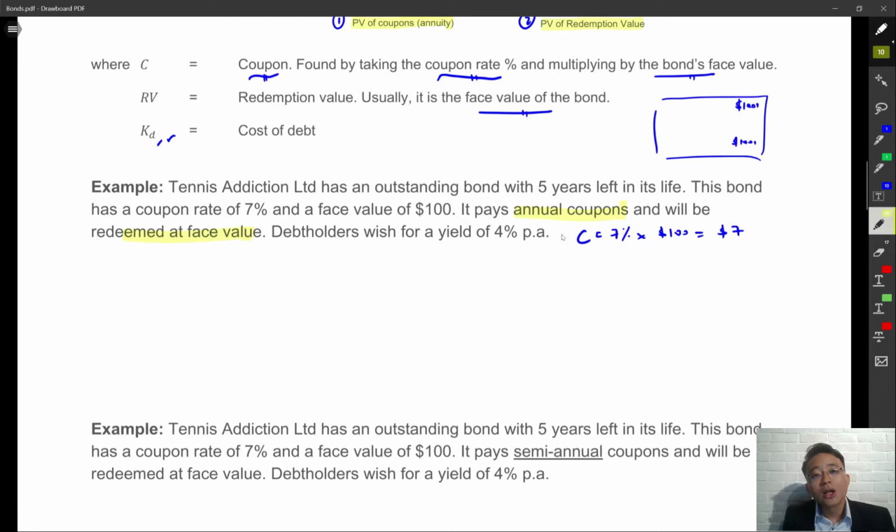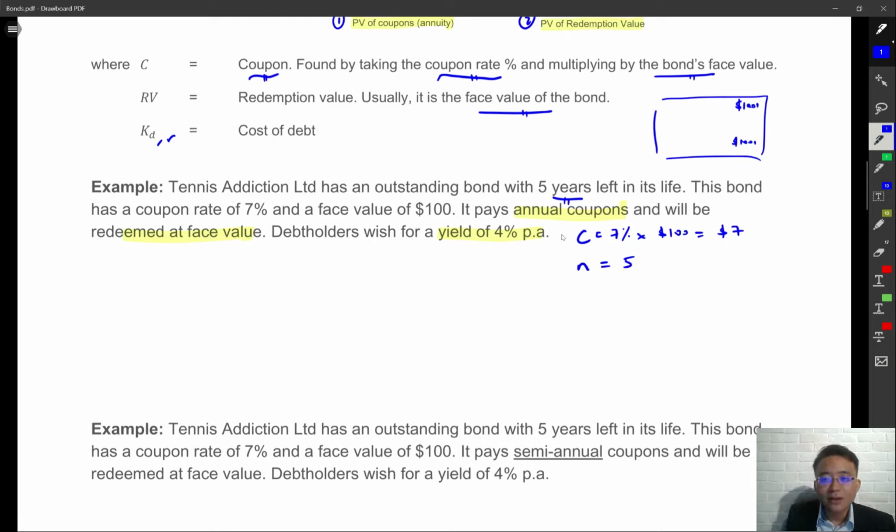Okay? What is the cost of debt? What do bondholders or debt holders want? They want a yield of 4%. So let's fill this all up. Your coupon is $7. Your maturity, 5 years. Therefore, the number of periods will be 5.